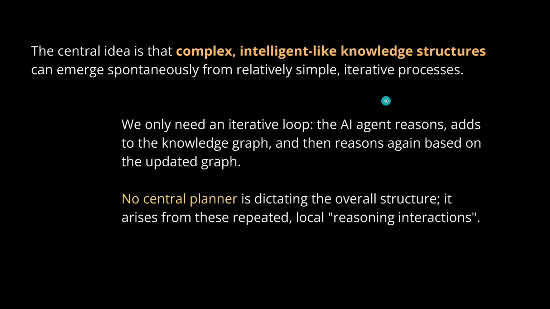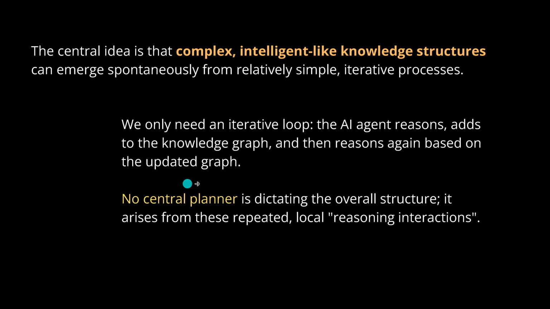An AI agent reasons, adds this reasoning to a knowledge graph, and then reasons again based on this updated graph. So suddenly, we don't have only the internal reasoning of the AI agent, but it also takes the knowledge that it just added and encoded in the main knowledge graph and uses it for the next task.